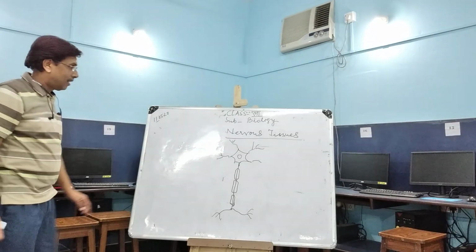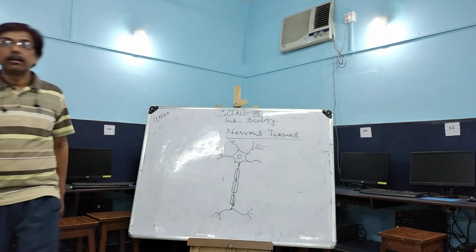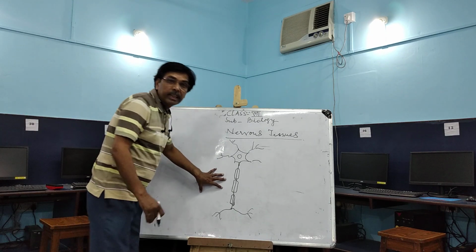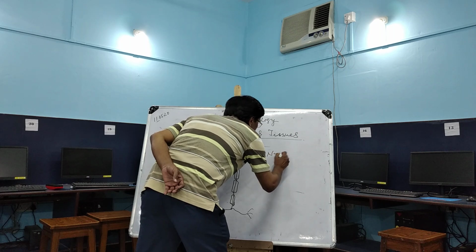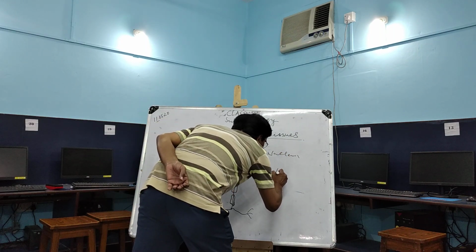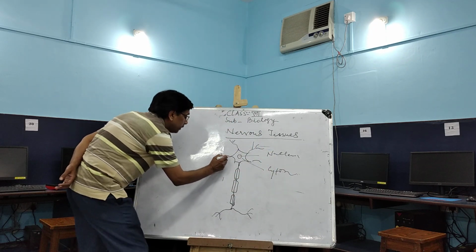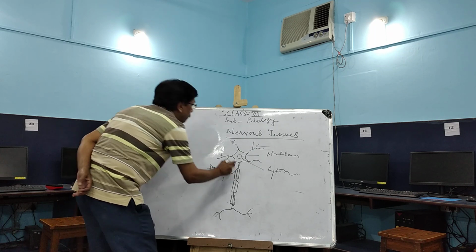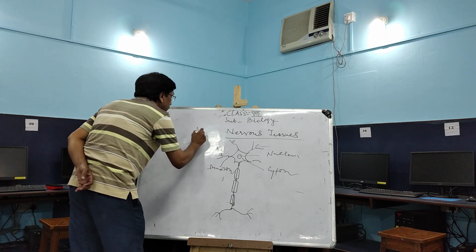Okay, dear students, you can see the structure of a neuron. This is your nucleus. This is the cytoplasm or cell body. Some processes you will find, that is your dendron, and dendron further branches to form dendrites.